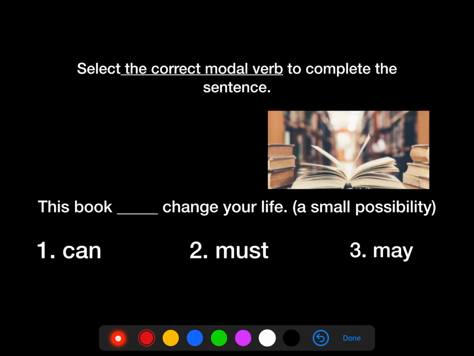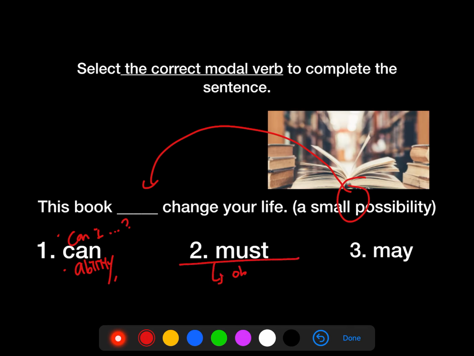This book change your life. The hint says a small possibility. So can, ability. Permission, can I? Must, obligation.